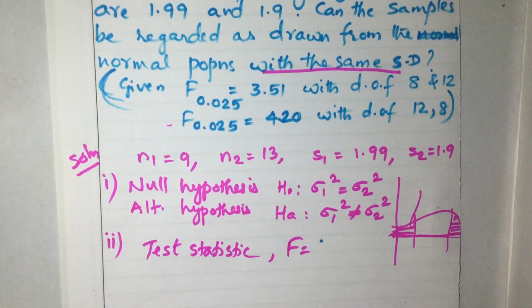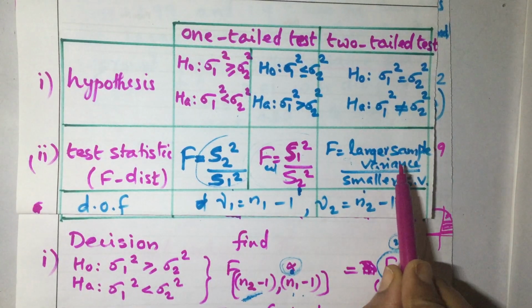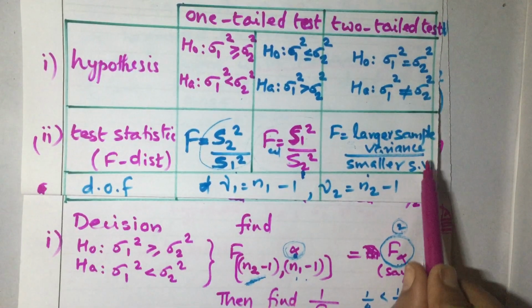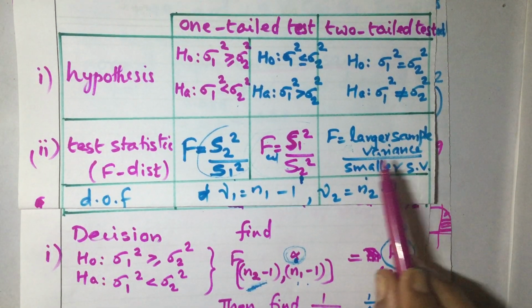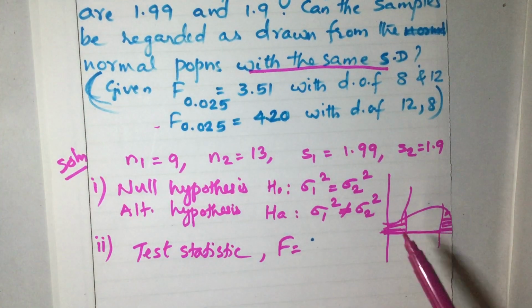As we had done on the previous day, larger sample variance upon smaller sample variance, that means capital S1 square upon capital S2 square.